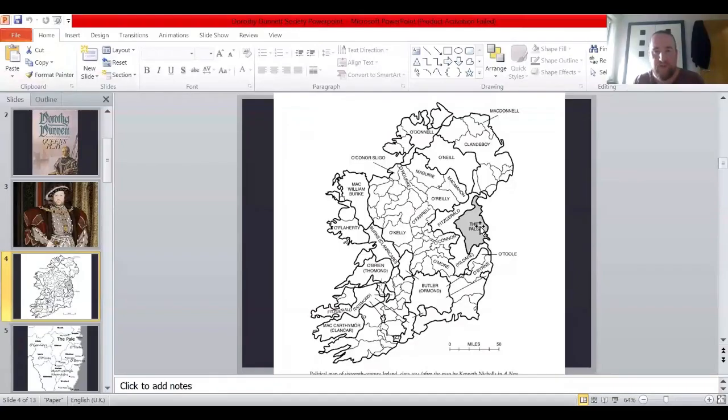So first off, there's this land from the Fitzgeralds that they can get grants of and they can start to set up their own estates. And on top of that, there is a large garrison that is in the Pale because it's left there basically after the suppression of the Kildare Rebellion.